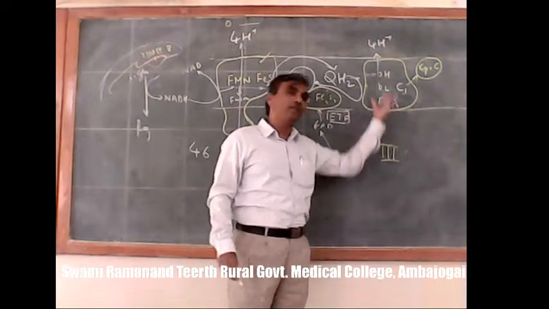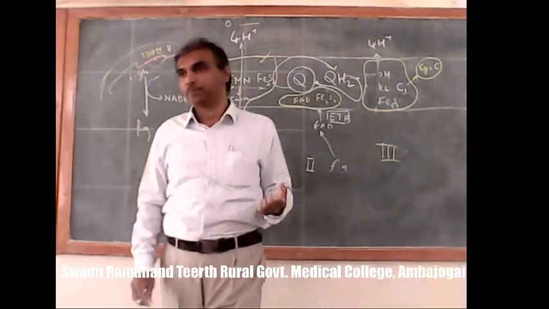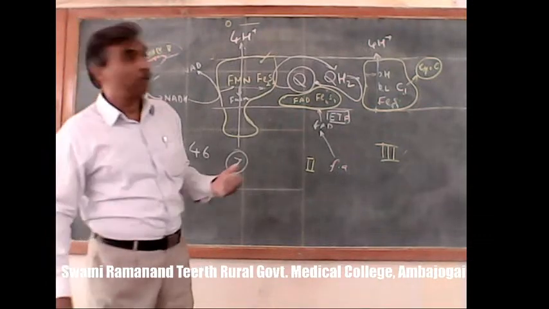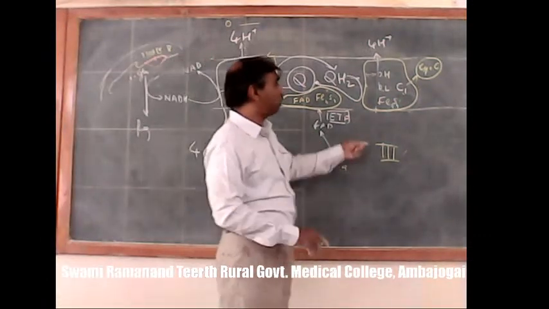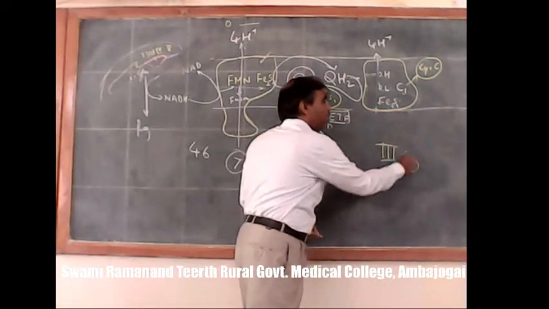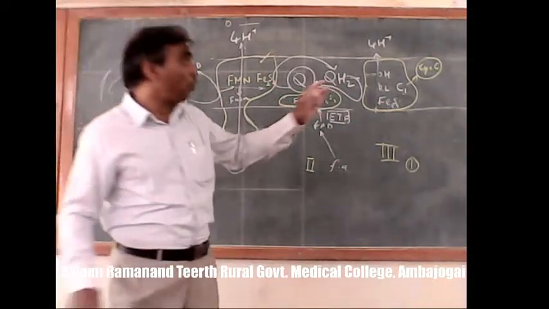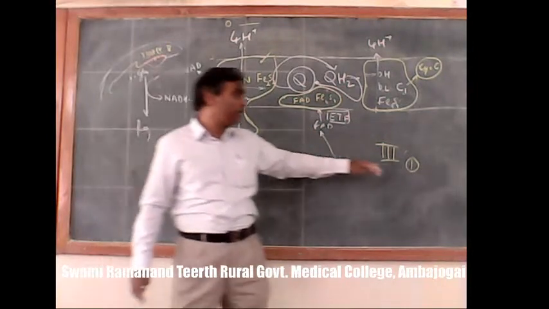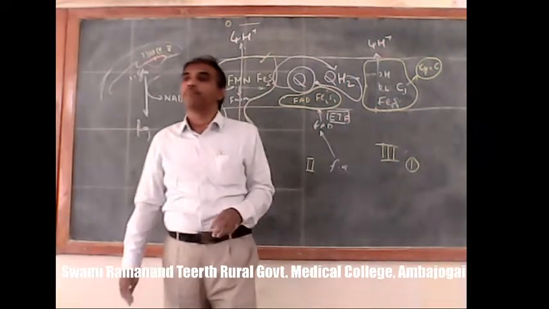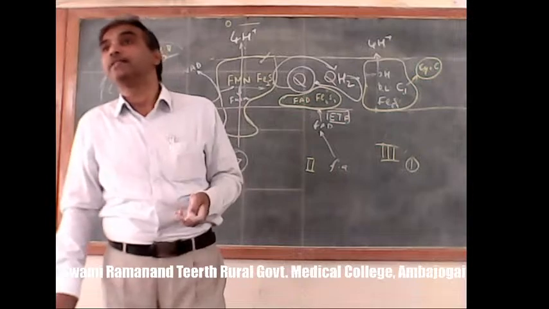It has various components in it. Total components are 11, out of which one is formed from mitochondrial DNA.